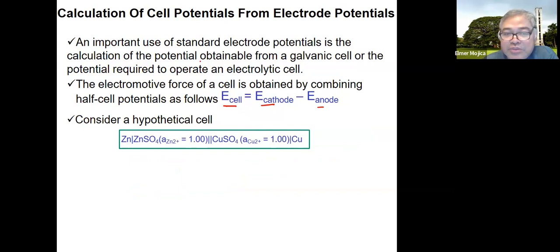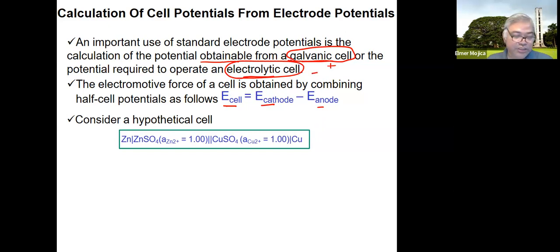So this is the calculation of the potential obtainable from a galvanic cell or the potential required to operate an electrolytic cell. So ano lang yung difference dito? If you have a galvanic cell, this one will become what? The value. Positive. And if you have an electrolytic cell, this one is negative.